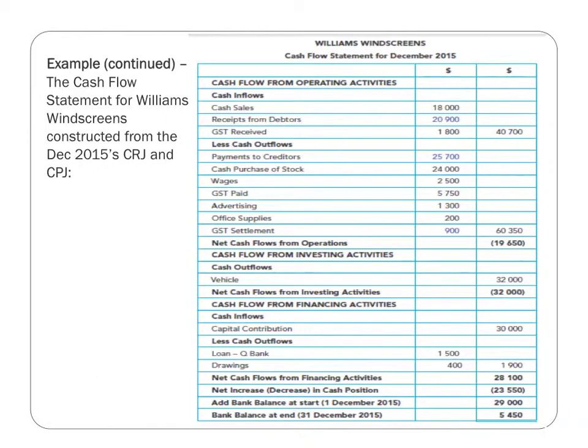Then you add up all the net cash flows from operations, investing activities and financing activities, and you get the net increase or decrease in cash position. In this case, it's a cash decrease, and you add the bank balance at the start of the month to get the bank balance at the end of the month.